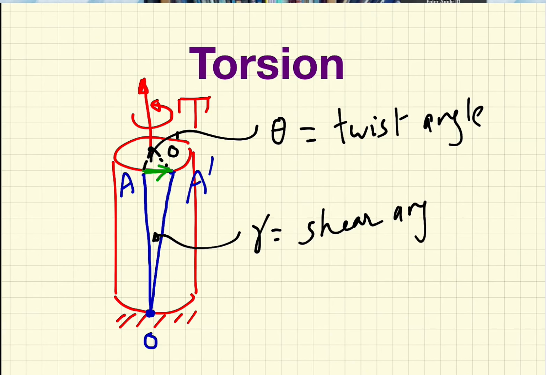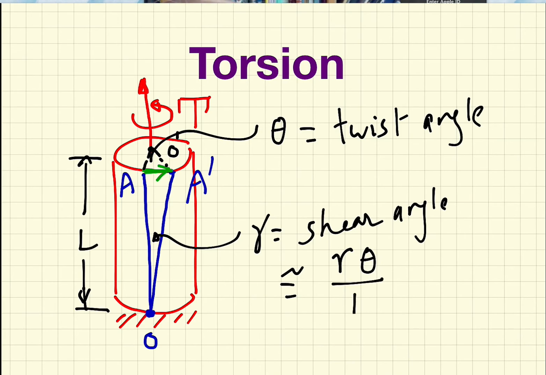The shear angle obviously is dictated by the length of the bar that we are interested in, and this is equal to approximately, in a small angle approximation, the radius of the cross-sectional area that is circular times theta. This is the green displacement that you see here, divided by L, which is the length of that bar.